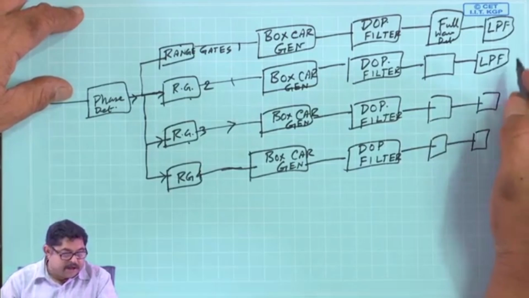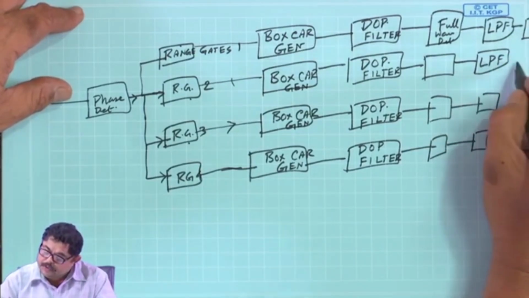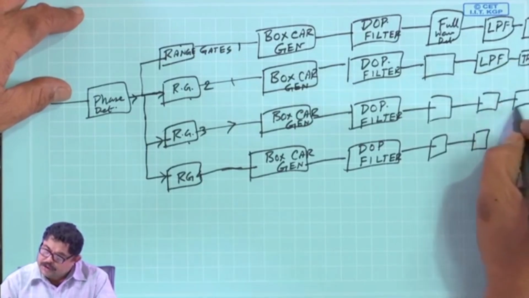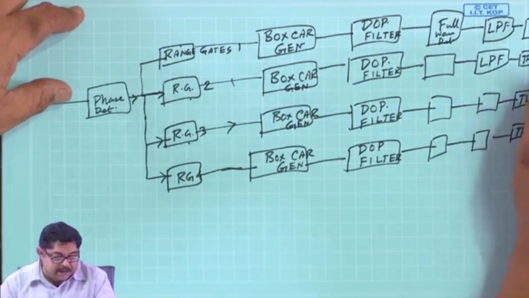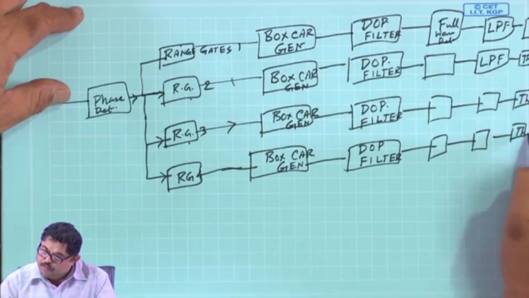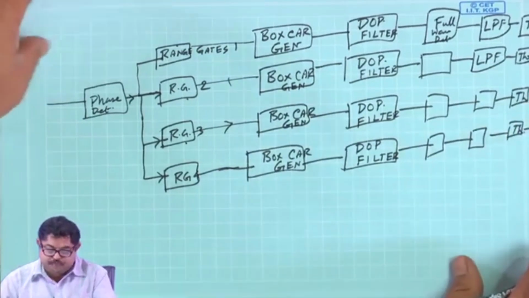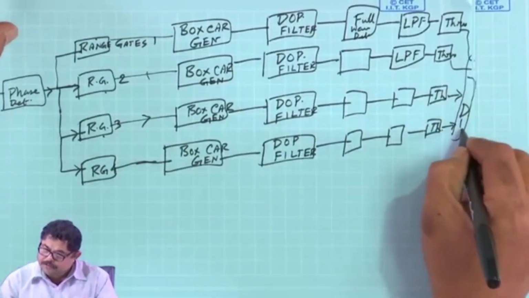Then you put a threshold, so you have a threshold detector, and then from there it goes to a display.